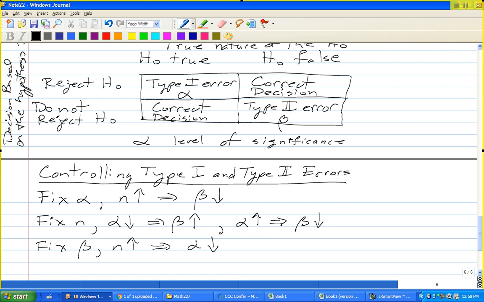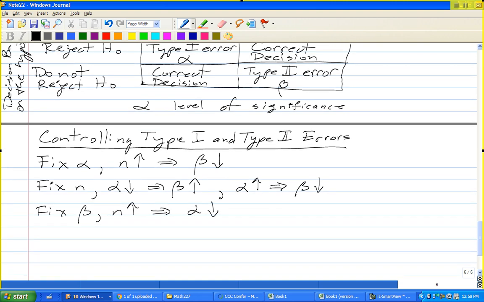So you have to find this sort of balance between the type 1 and type 2 errors. So in general, we will let alpha equal 0.05 unless otherwise specified. And we really never have alpha less than 1% and never bigger than 10%.